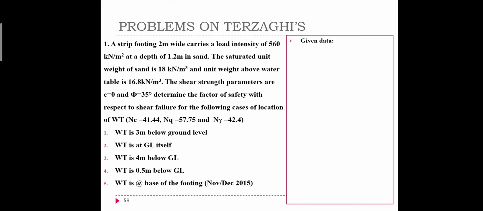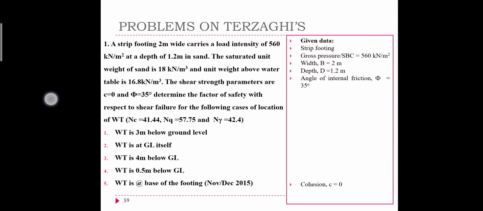We'll see it with the given data. We are given a strip footing and we are given the safe bearing capacity as 560 kilonewton per meter square, and it is given that the width of the footing is 2 meter and the depth of the footing D as 1.2 meter, and the angle of internal friction is 35 degree and the cohesion is 0.